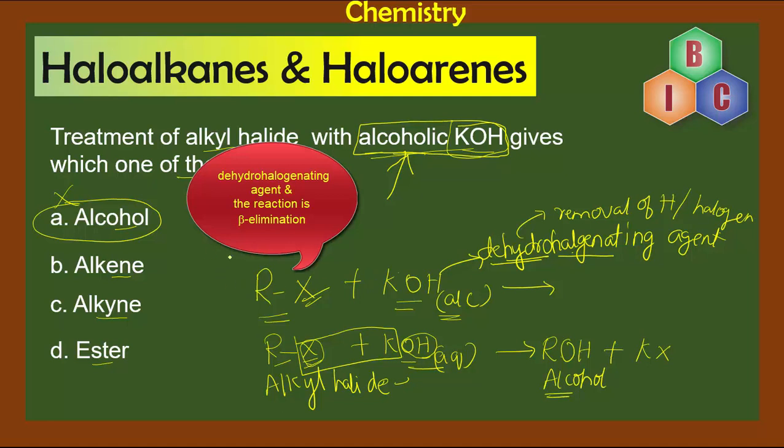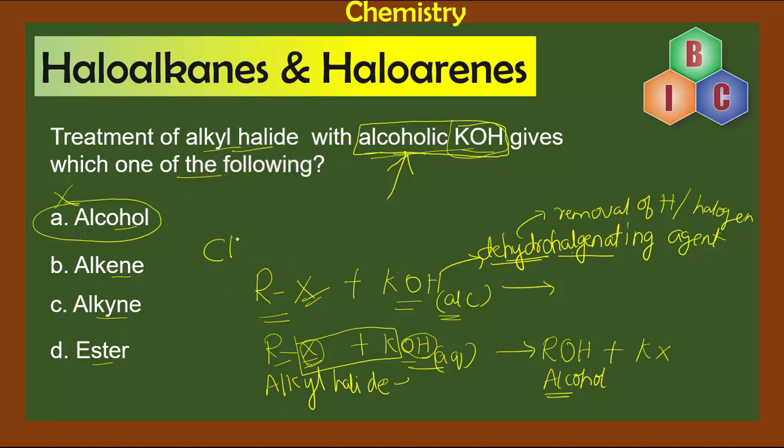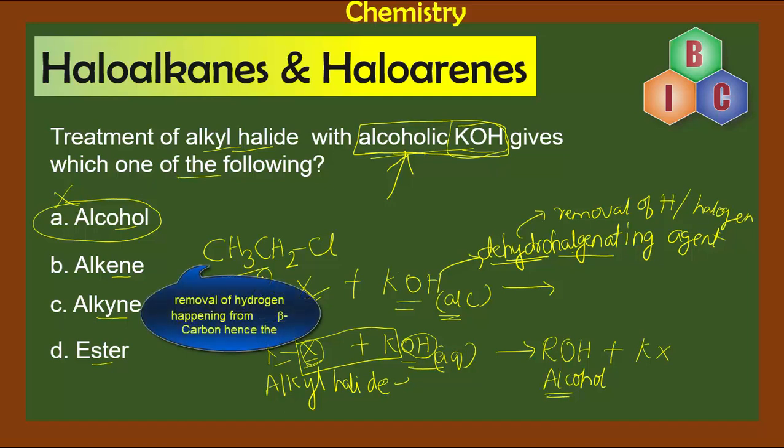Now let's take up an example like this: CH3CH2Cl. We know that it is chloroethane, that is the IUPAC name. Ethyl chloride is its trivial nomenclature.